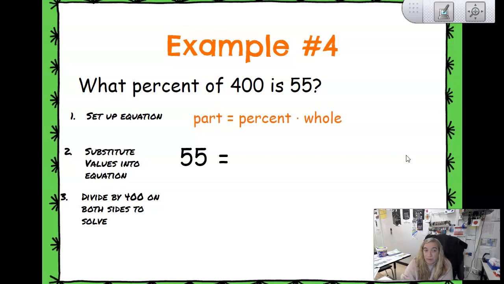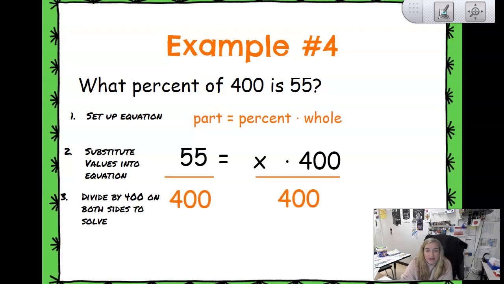Next, I'm going to fill in the percent. In this problem, though, we don't have a percent. So when it says what percent, we use the unknown value of x, the variable, times the whole. So I'm looking for the keyword of, and I see of 400. So the whole will be 400. So to solve for this one, step 3, you're going to divide both sides by 400.